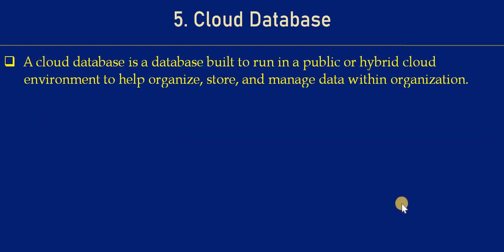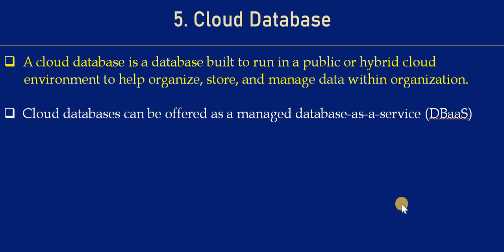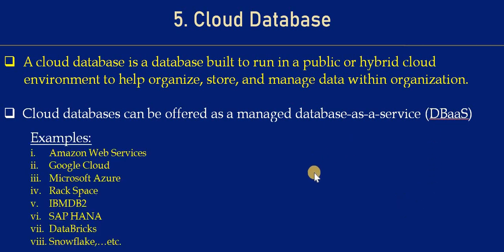Now the fifth one is cloud database. A cloud database is a database built to run in a public or hybrid cloud environment to help organize, store, and manage data within an organization. Cloud databases can be offered as a managed database as a service, database as a service.